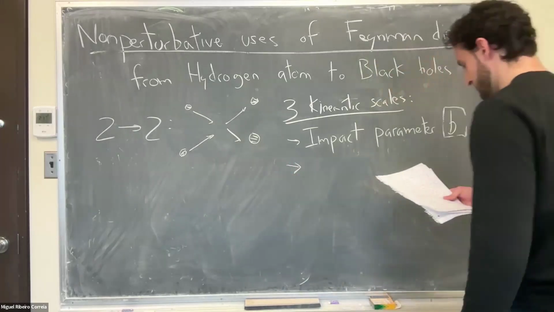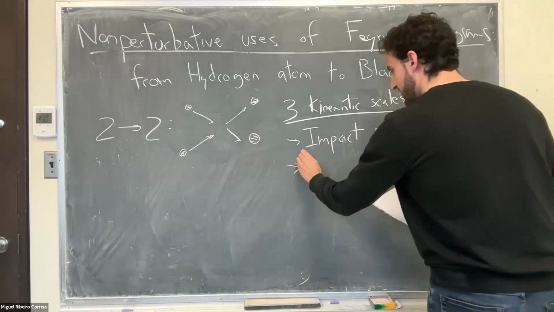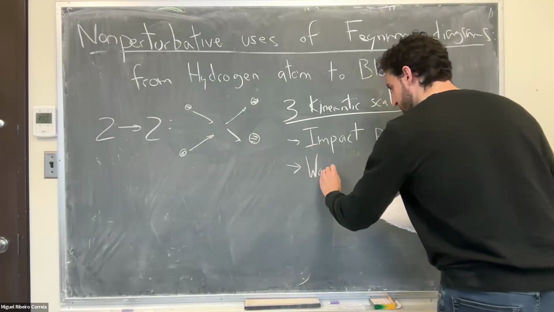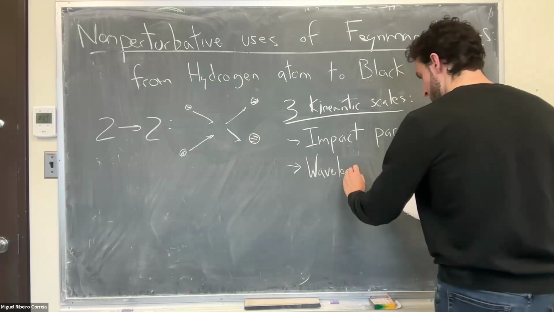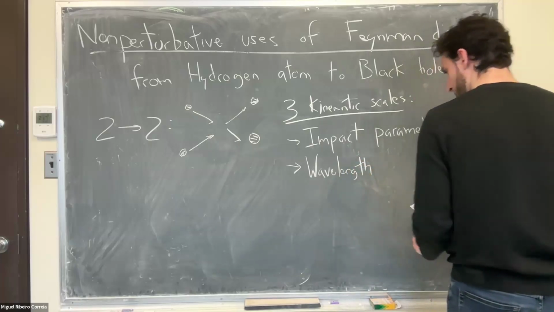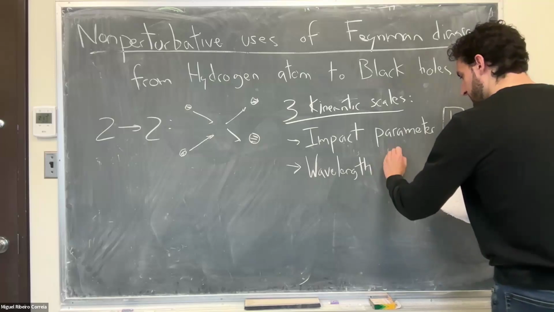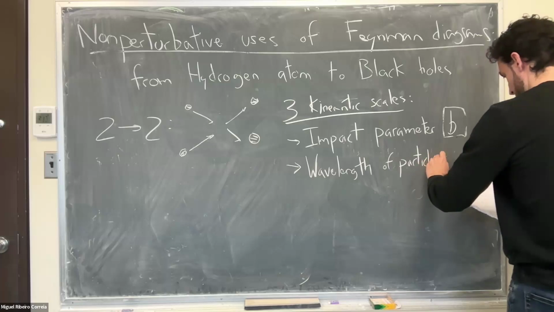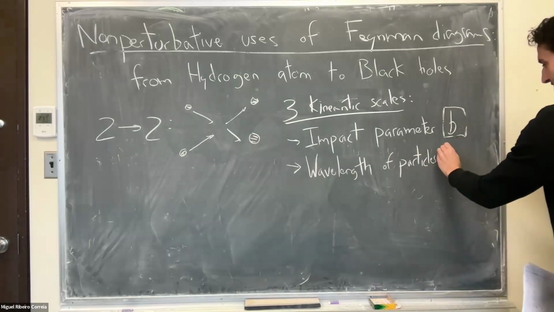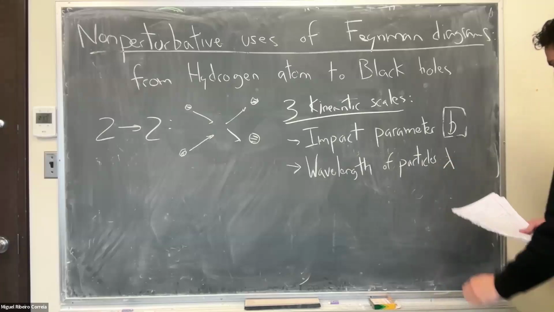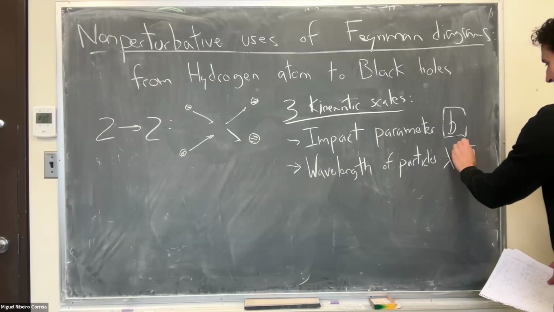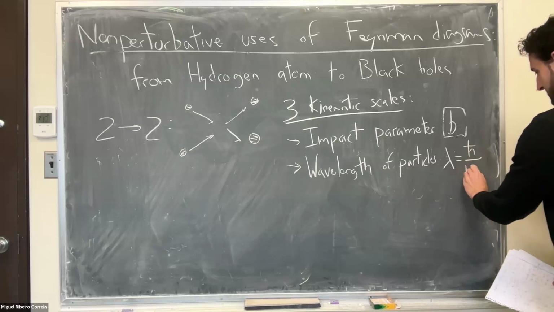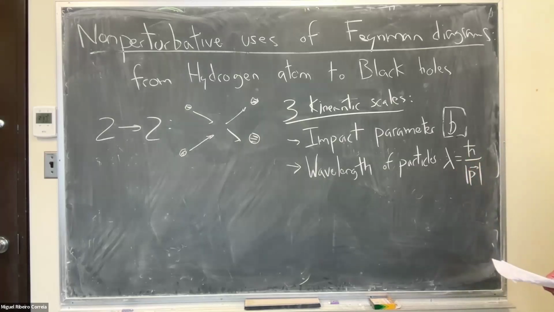Then there's another kinematic scale, which is the wavelength in the center of mass. I call this lambda, and it's the usual de Broglie relation, h bar over the momentum, where this is the center of mass momentum, which is the same for both.